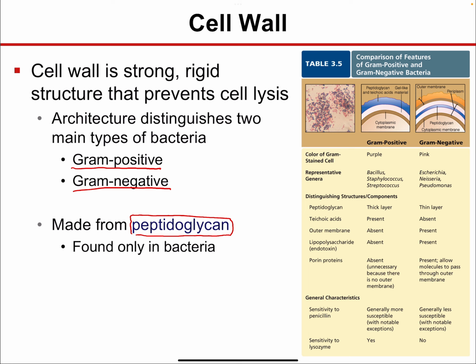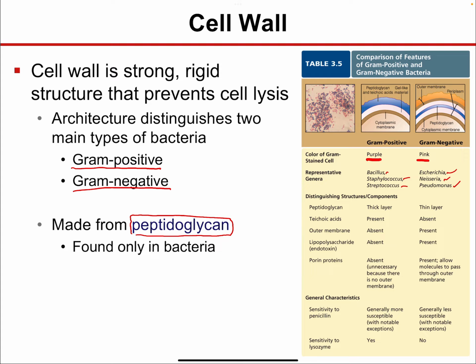When we stain bacteria, they can be either purple, gram-positive, or pink, gram-negative, when everything is said and done, right? Some representatives of the gram-positive are, for instance, Bacillus, Staphylococcus, Streptococcus, while some representatives of gram-negative are, for instance, Escherichia, Neisseria, and Pseudomonas.